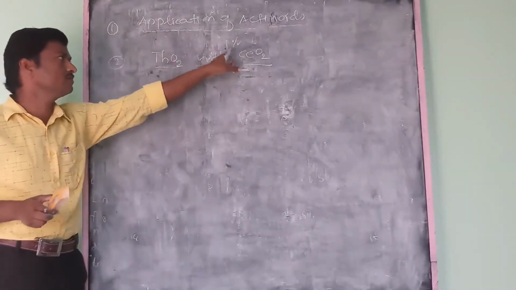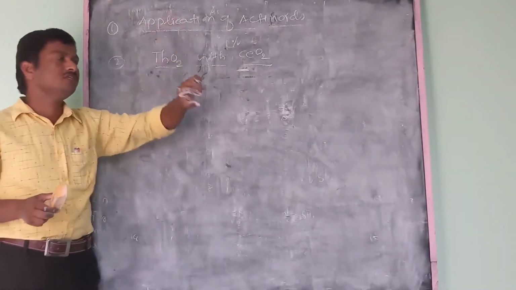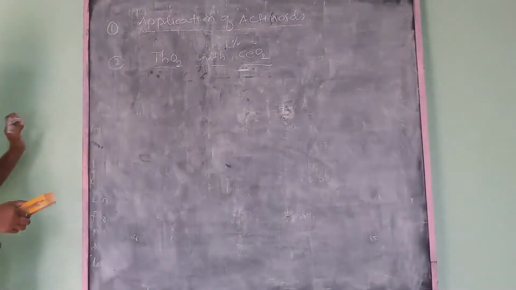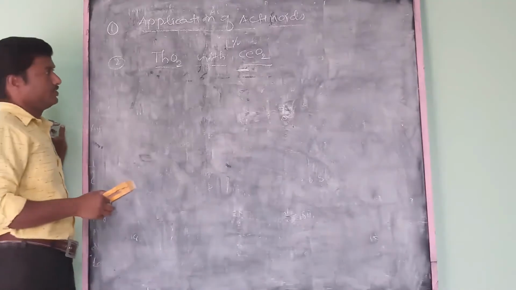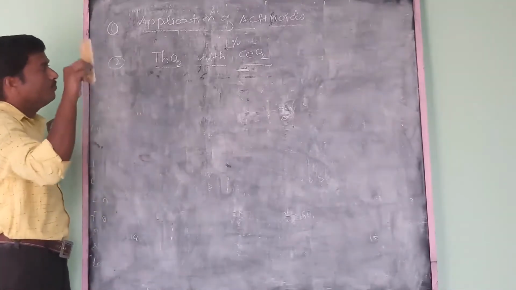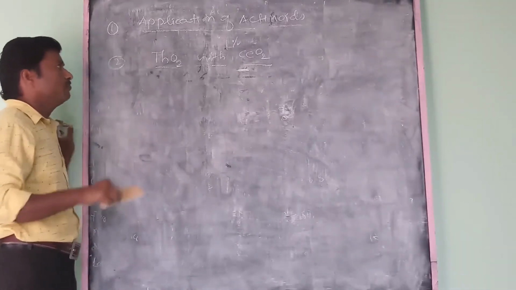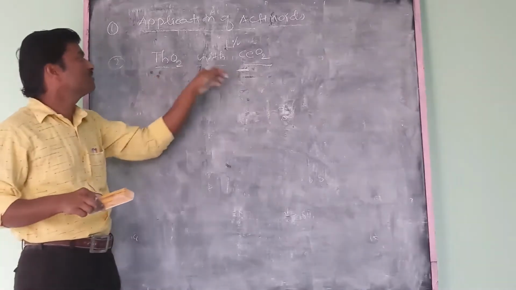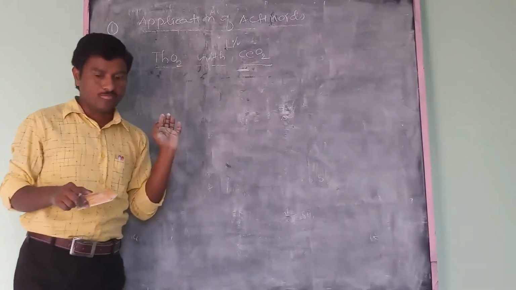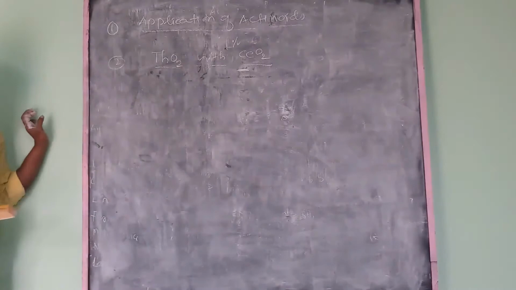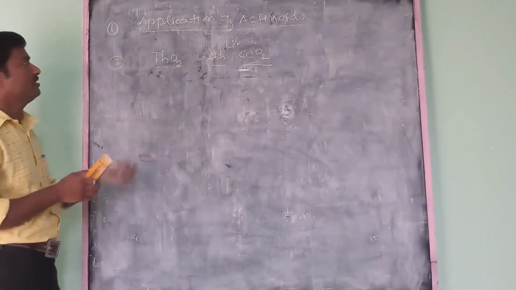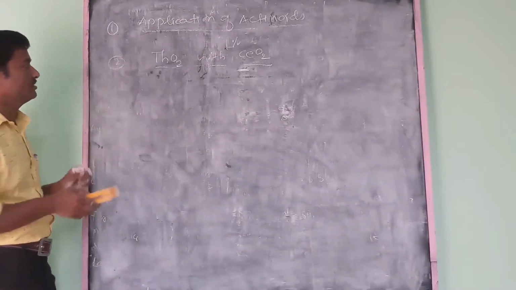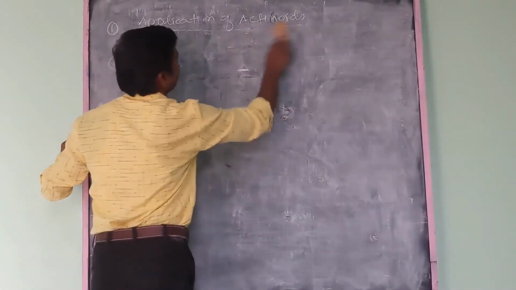This mixture of thorium oxide and cerium oxide is used in indoor incandescent lighting. These are some of the applications of actinoids, and this is a more important application of actinoids.